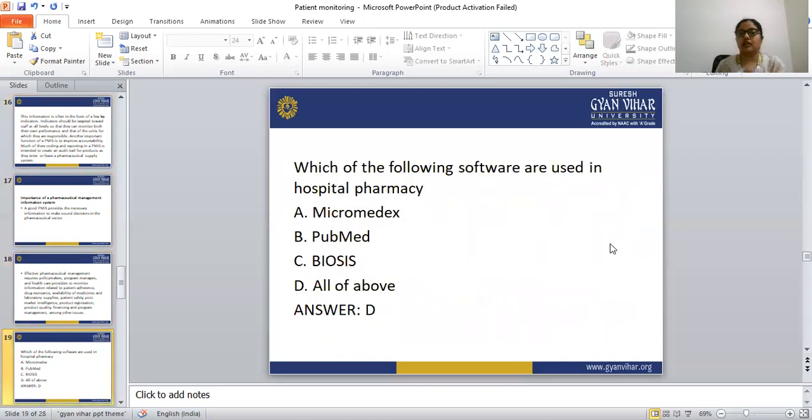The first question is, which of the following software are used in the hospital pharmacies? Micromedex is used in the pharmacy, PubMed is used, Biosys is used.